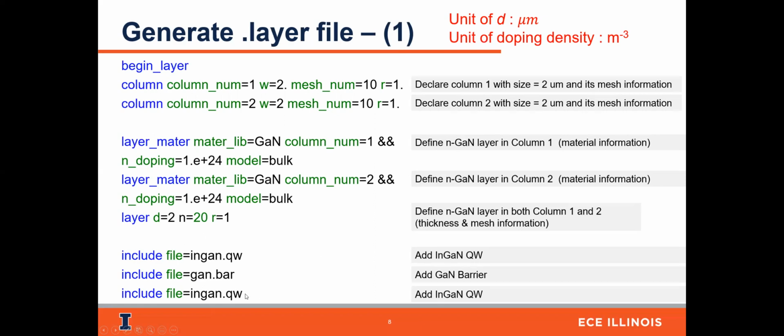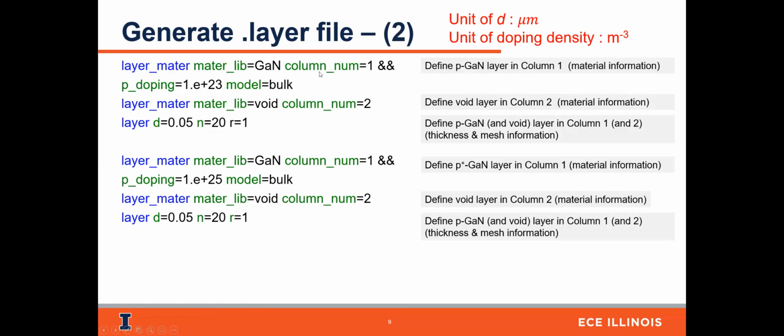And I'm going to add one more quantum well. And then on top of it, we have p-doped gallium nitride with 50 nanometer thickness, and the doping concentration is 10 to the 17 per cubic centimeter. And on top of this layer is gallium nitride.